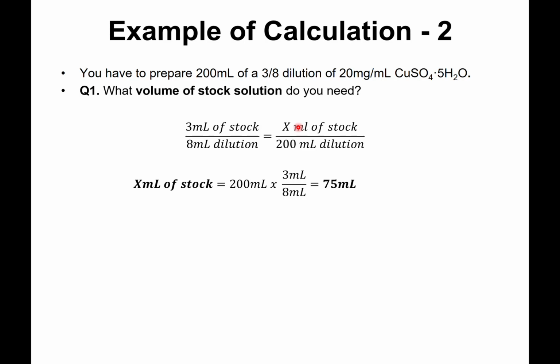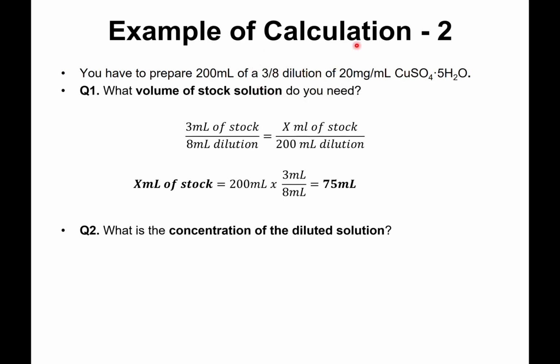So you would have to take, practically speaking, 75 milliliters of the stock to prepare the 200 milliliters of this solution. Now, what is the concentration of the diluted solution? Well, we know the starting concentration. We know the dilution factor. Now we can calculate it.